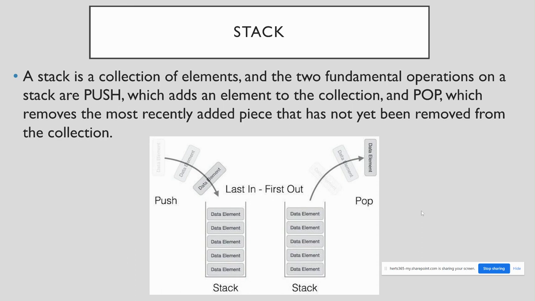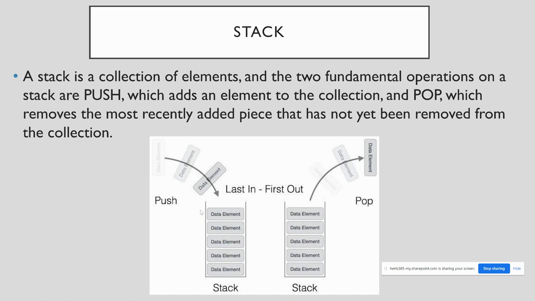Now, a stack is a collection of elements, and the two fundamental operations on the stack are push and pop, which I'm going to explain to you in a minute with an example. What that means is that you remove the most recently added element from the actual queue or collection.